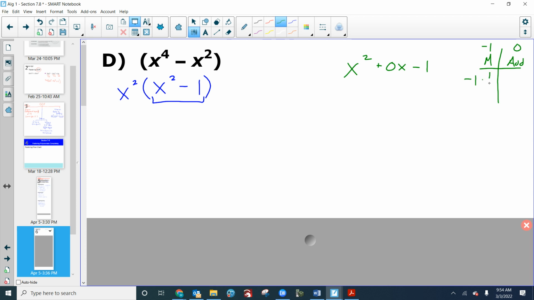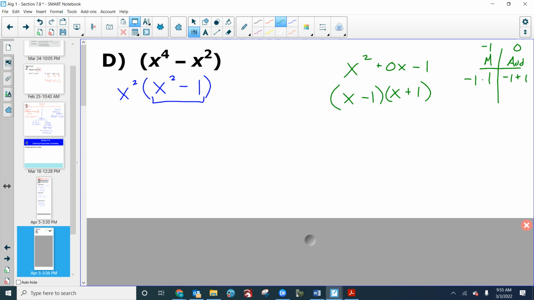Negative 1 and 1. 1 times -1 is -1. -1 plus 1 is 0. So are you telling me, is that correct? Yeah, and what do we call that? That's a special case. Doesn't happen often. Special terms. What do we call that? The difference of squares.